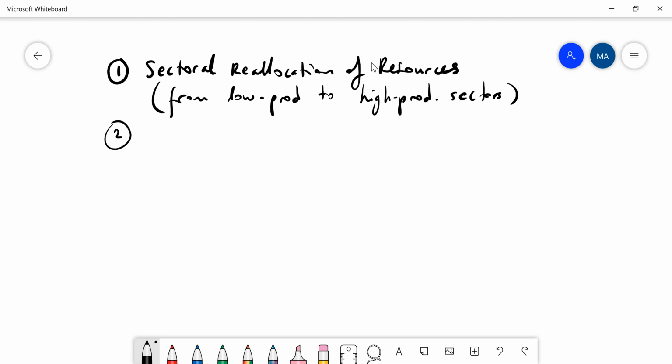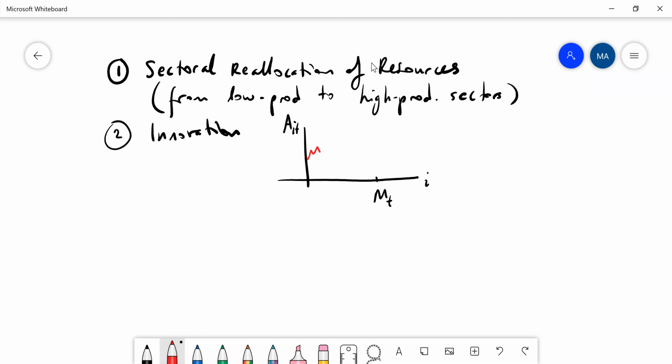One other thing is innovation, right? And if you remember, I told you that there are two dimensions of innovation. On the horizontal axis, we have firms or the intermediate products or consumer products, however you define. So they have this productivity distribution.